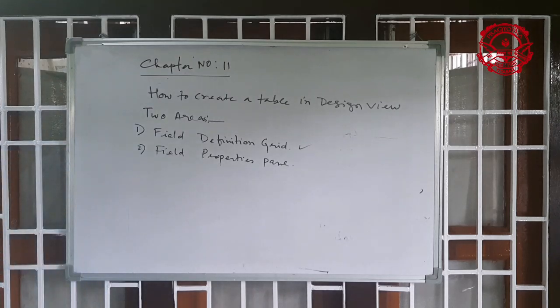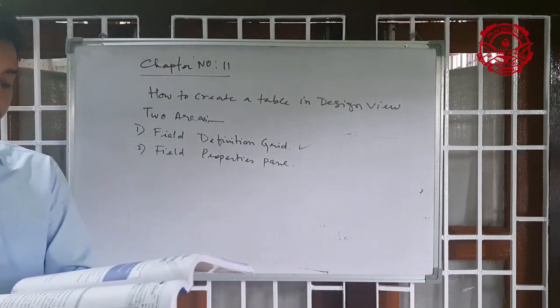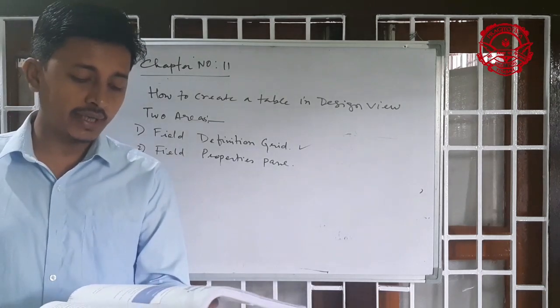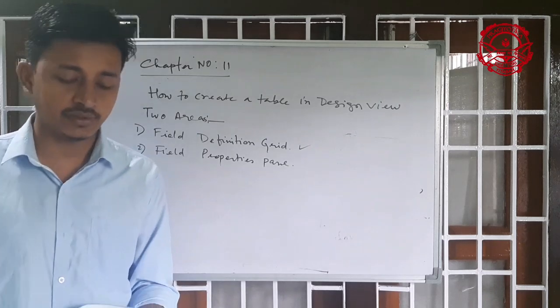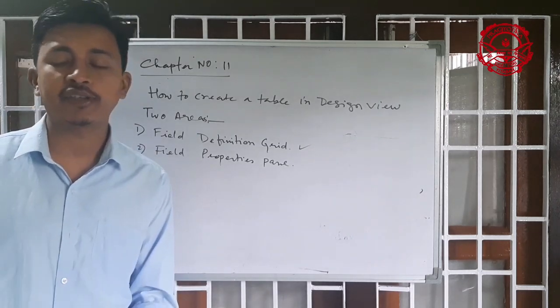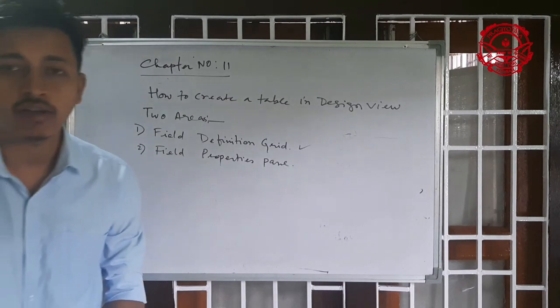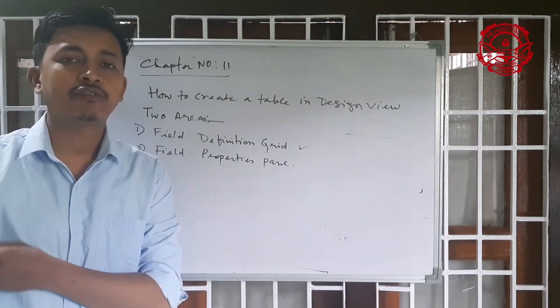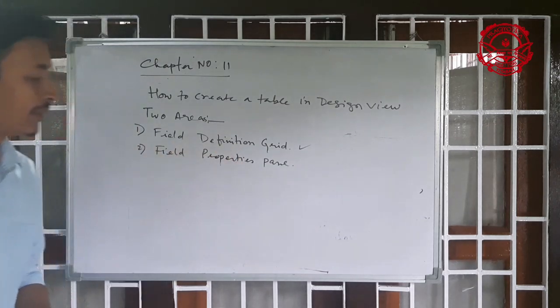Now you see on page number 196, you can see the field definition grid. It is used for entering a field name, its data type, and its descriptions. So in the field definition grid, you can enter the name of the field, the data type, and also the description of the field.